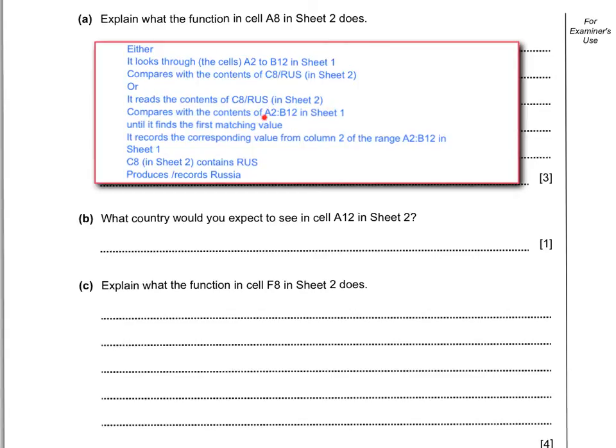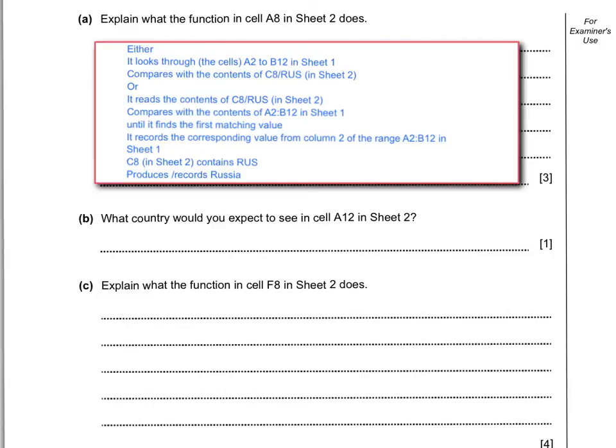So until it finds a match to C8, which is code RUS, it records the corresponding value from column 2 of the data array, which is sheet 1. You might want to say that it will display the following result when the match has been found: the record it should show would be Russia, the country for the code RUS.